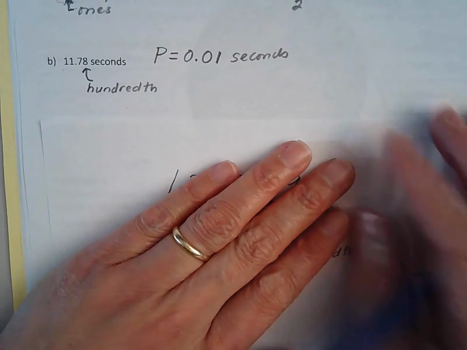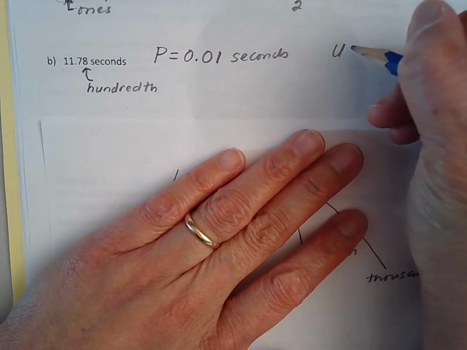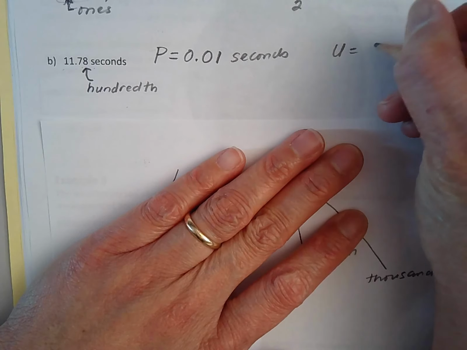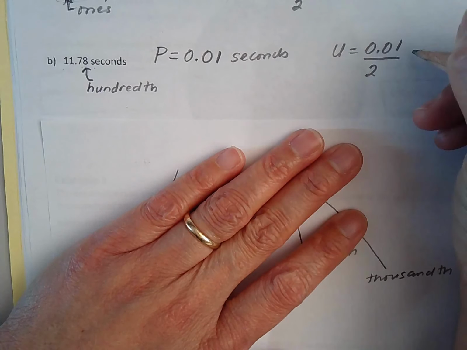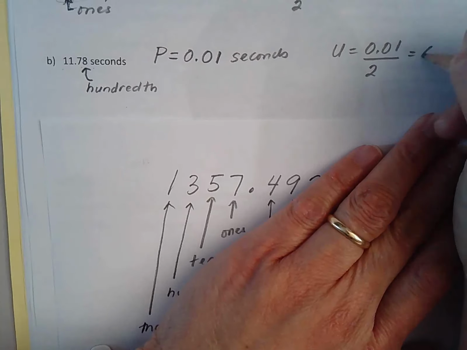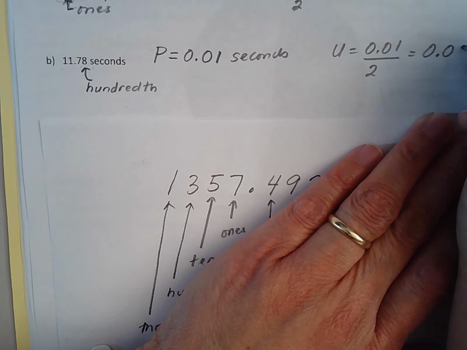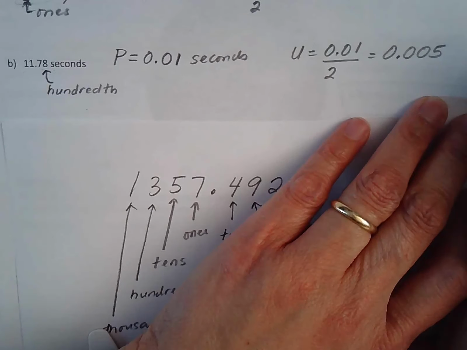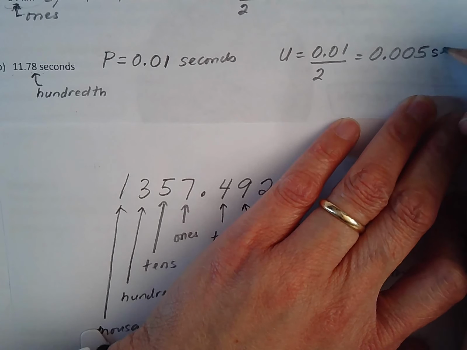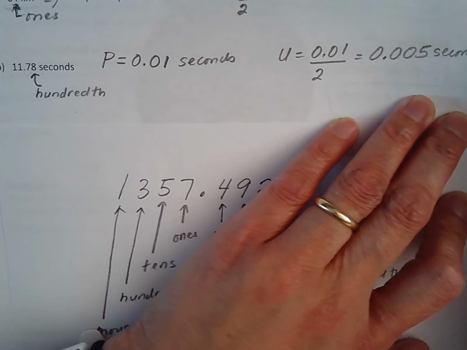Now let's do the uncertainty. Uncertainty would be 0.01 divided by 2. So it's going to be 0.005 seconds.